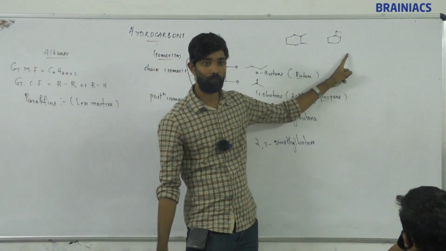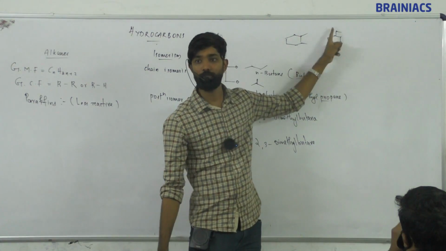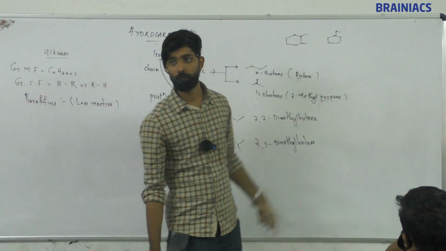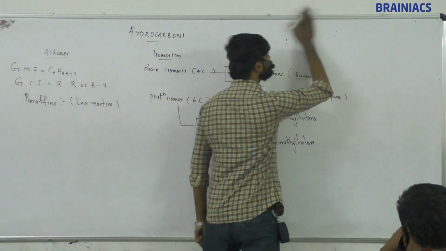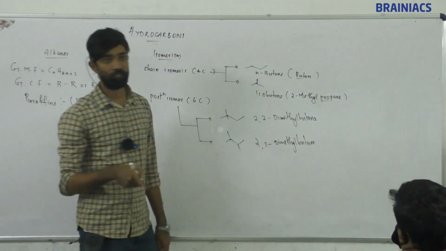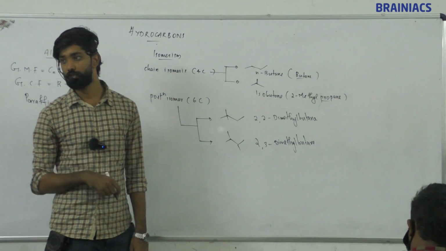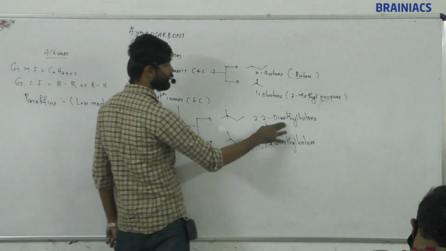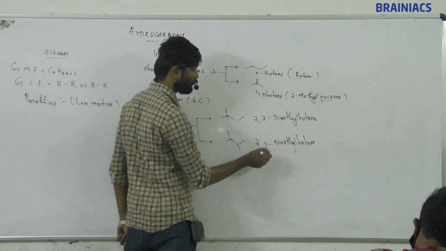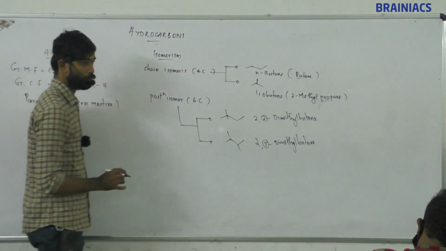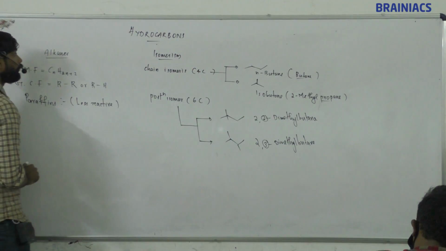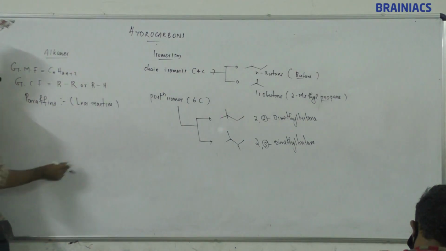Both have the same formula, but the change is in the branch. So that belongs to chain isomerism. Chain isomerism arises when either the main chain changes or the branch changes. Here, the main chain and branches remain the same, but the position of a branch changes, so it belongs to position isomerism.